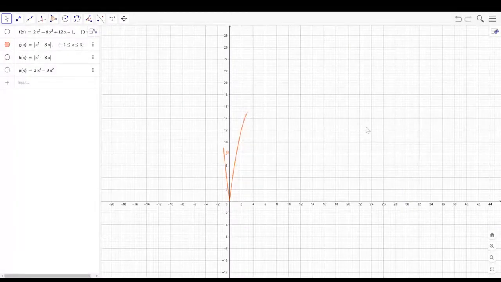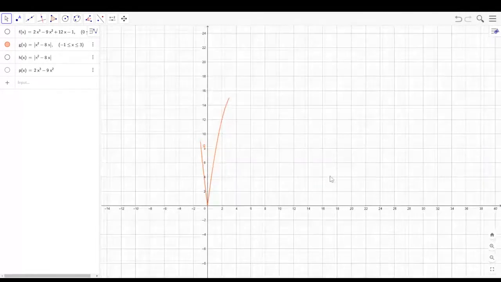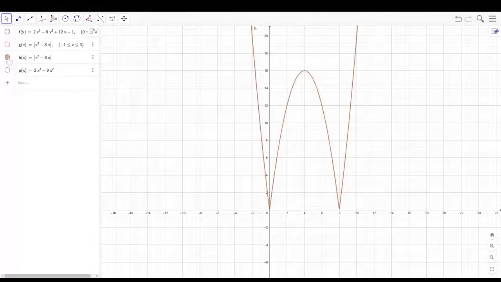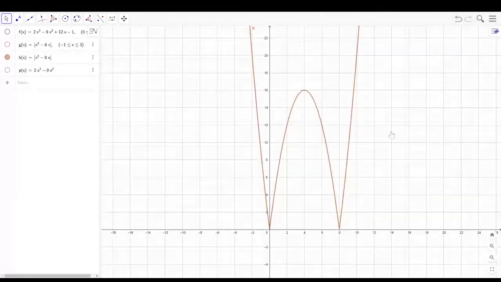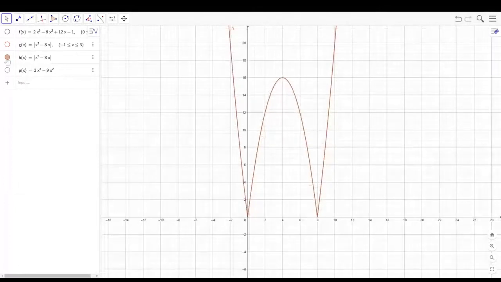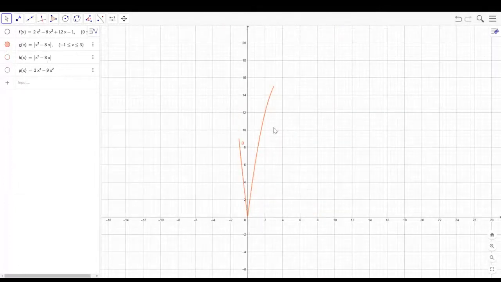All right. Here we are. Just takes a while to come up. So we've got our function. Here's the function without the restriction to the interval, right? And here's the part of the function that we're interested in, or the graph.